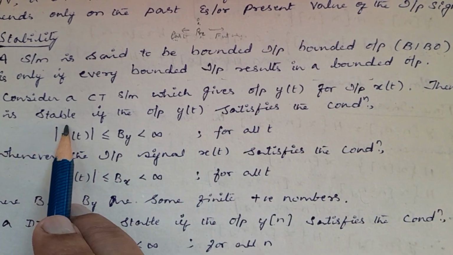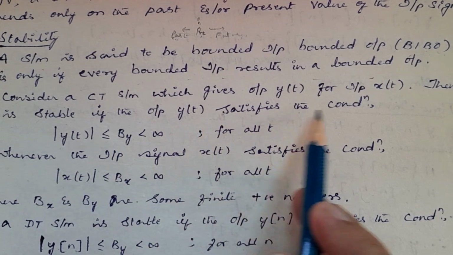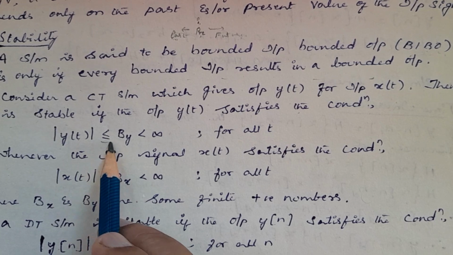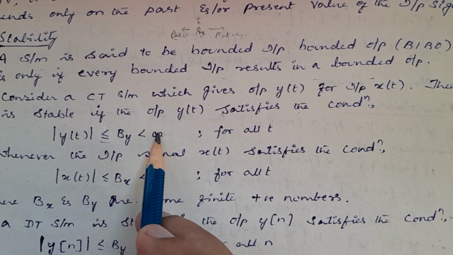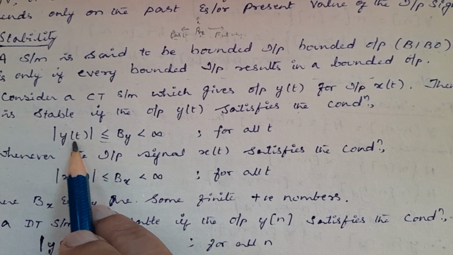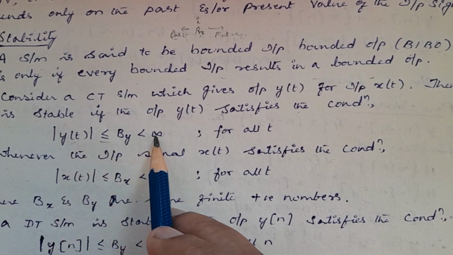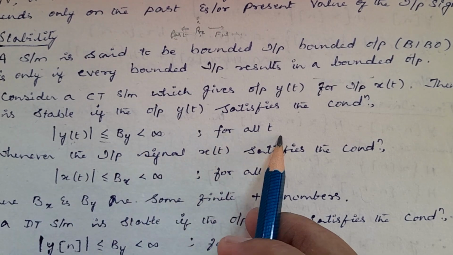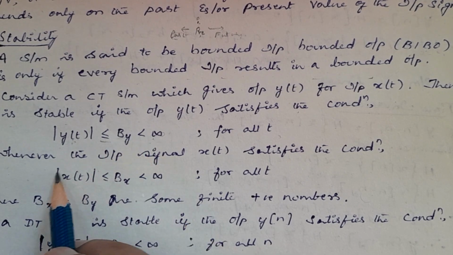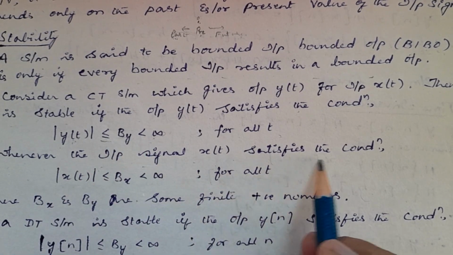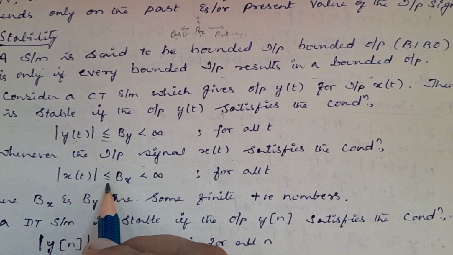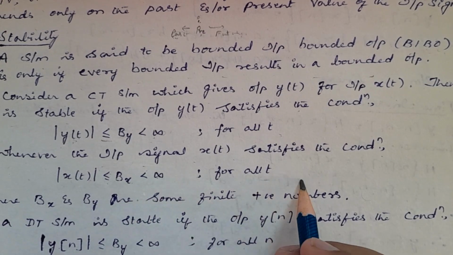Then the system is stable if the output y of t satisfies the condition magnitude of y of t less than or equal to By less than infinity, for all t, whenever the input signal x of t satisfies the condition magnitude of x of t less than or equal to Bx less than infinity for all t.